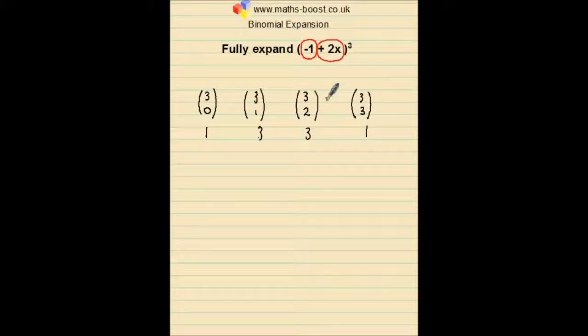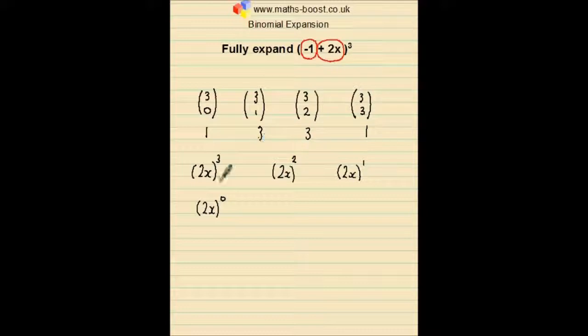But we'll take plus 2x. Put it in brackets, and then start by raising it to the power of the expansion, and then write it again, but one less, and so on. Until you get to 0.